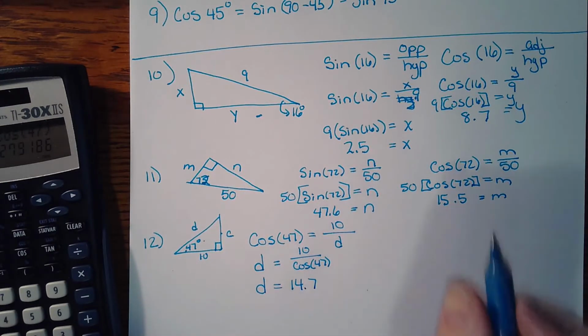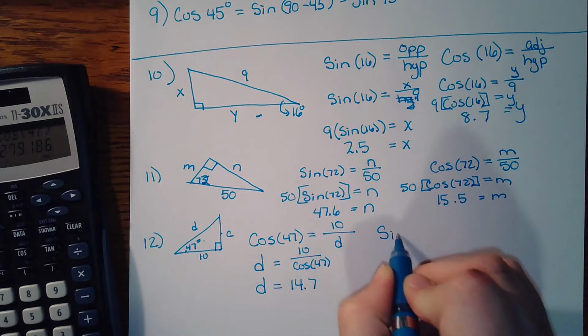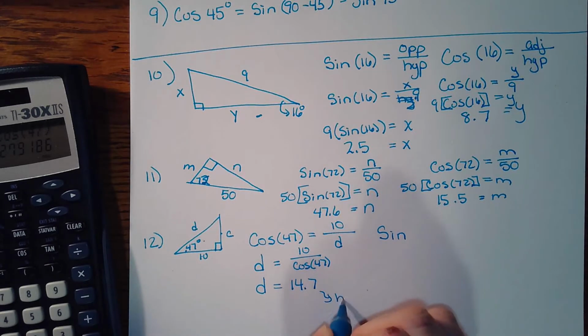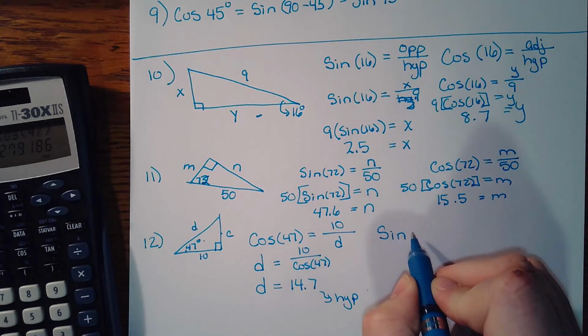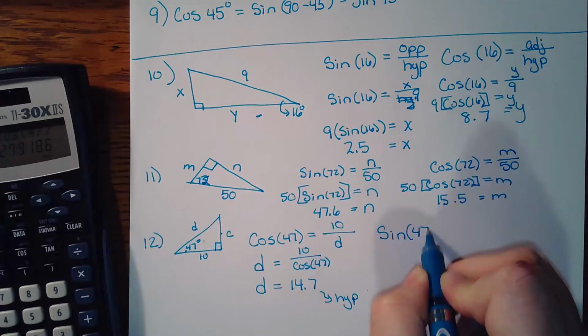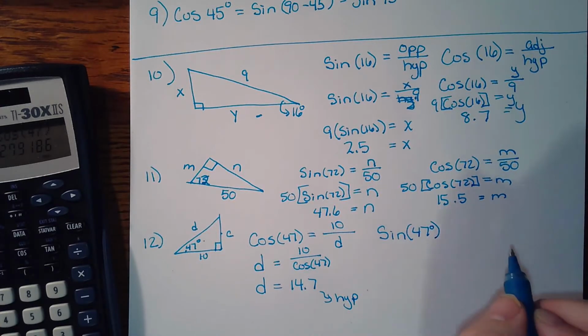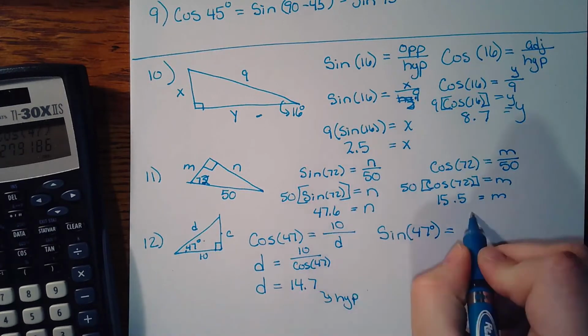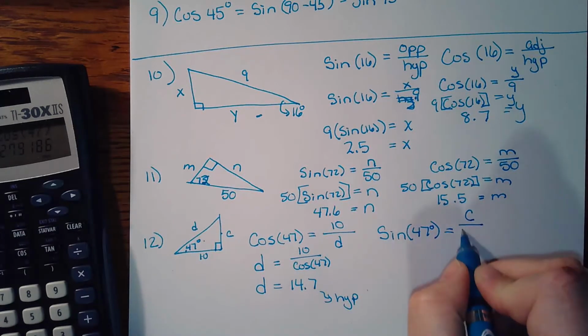Now, to do the sine, we needed this number for our hypotenuse. So remember, this is now the hypotenuse. That was the D we were missing. To get the C, we're going to use the other way. So this is going to be sine 47 degrees, and this time we're going to talk about the opposite. The opposite is what we're missing now, over the hypotenuse, which is 14.7.